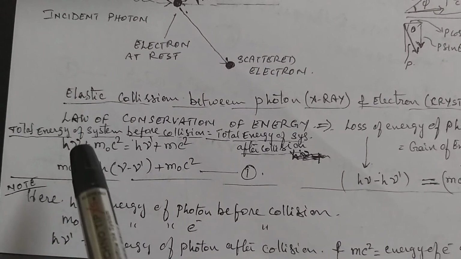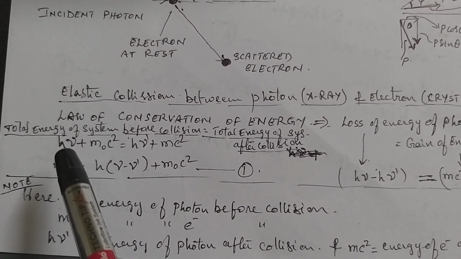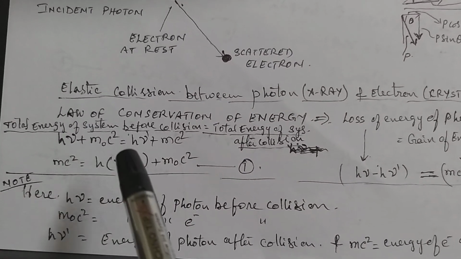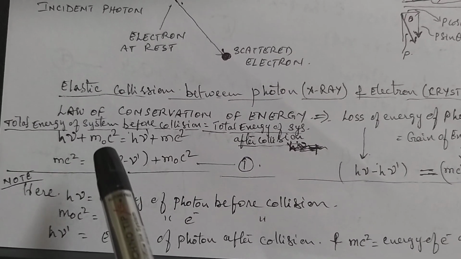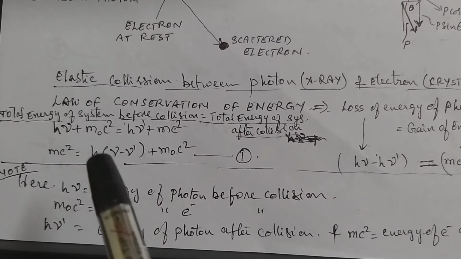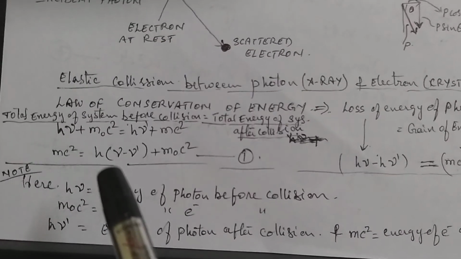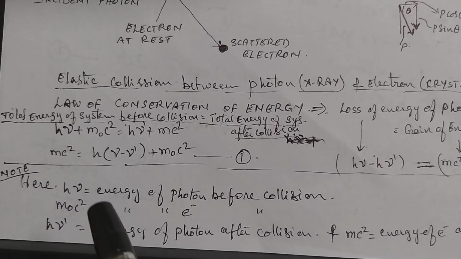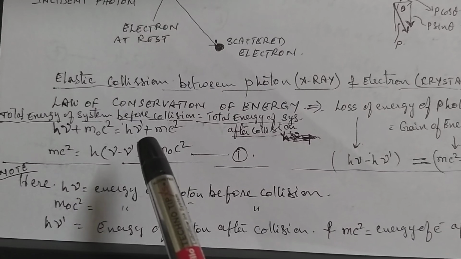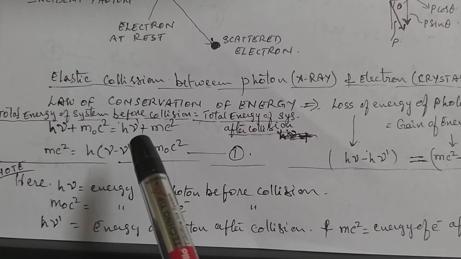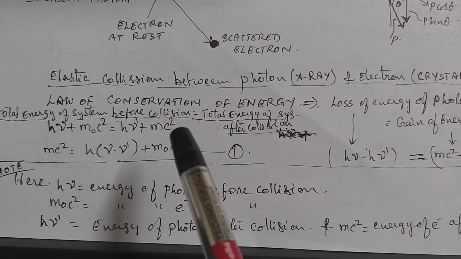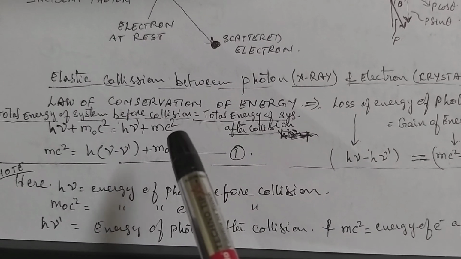Now before collision, the photon has energy h nu. The electron has a rest mass m0, with energy m0 c square. After collision, h nu dashed is the final energy of the photon and mc square is the energy of the electron.